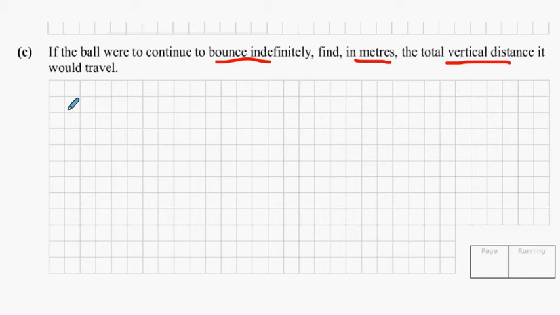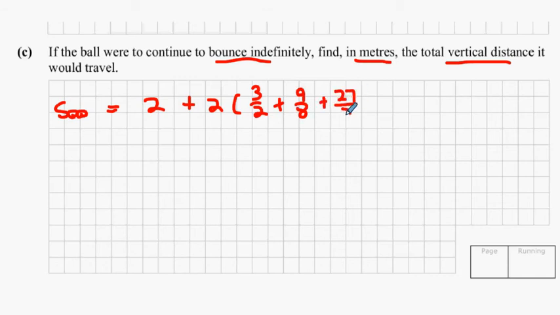So S infinity, it'd be the first bounce plus 2 times, remember I had it a second ago, 3/2 plus 9/8 plus 27/32 plus, I forget what the other one is, 81/128 plus dot dot dot.